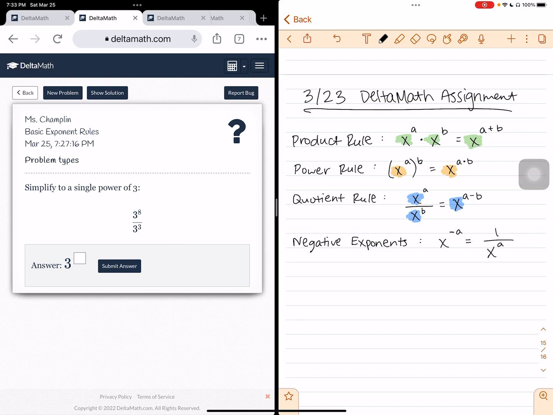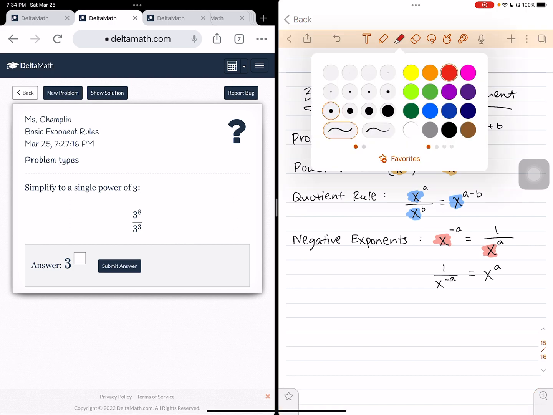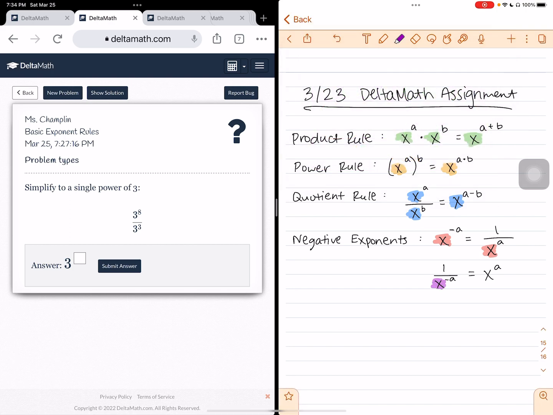I can totally go into depth explaining to you why this is the case, but for the purpose of this video, let's just focus on the fact that that is what you do. Let's say you had a fraction and your negative exponent was on the bottom, the denominator. Well, you would flip that up to the numerator and now it'd be a positive exponent. Okay? So again, your base stays the same each time. My base stayed the same, x. And the exponent stays the same except for the fact that it switches to a positive. Same thing here. My base stayed the same.